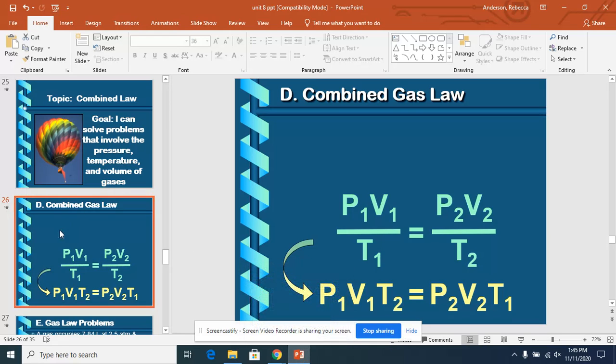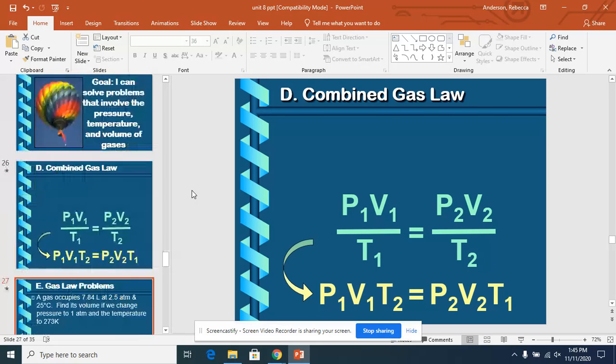But I am giving you both. I put the fraction one, P1V1 over T1 equals P2V2 over T2, on your practice problems. So whichever you need to help you solve the problems, I'm just going to go off this one because we go through this step anyway.